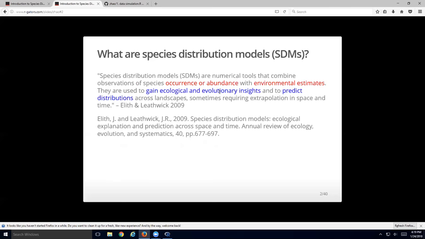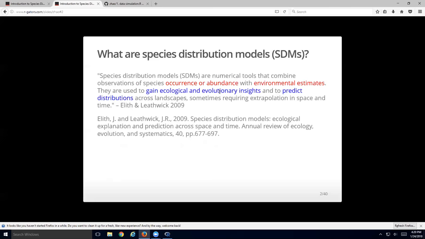These are two important things species distribution models can do for us, and they are related. By that I mean, if you want to make predictions, you first want to have some understanding. You don't want to just use a numeric relationship to make predictions without knowing what that numeric relationship really means in the ecosystem.